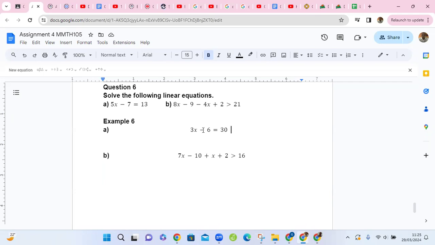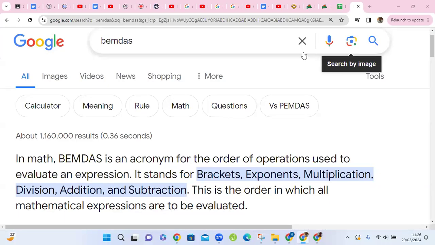And canceling out is the opposite of BEMDAS. BEMDAS, as you know, is the order of mathematical operations. It is the acronym for the order of operations used to evaluate an expression. It stands for brackets, exponents, multiplication, division, addition, and subtraction.